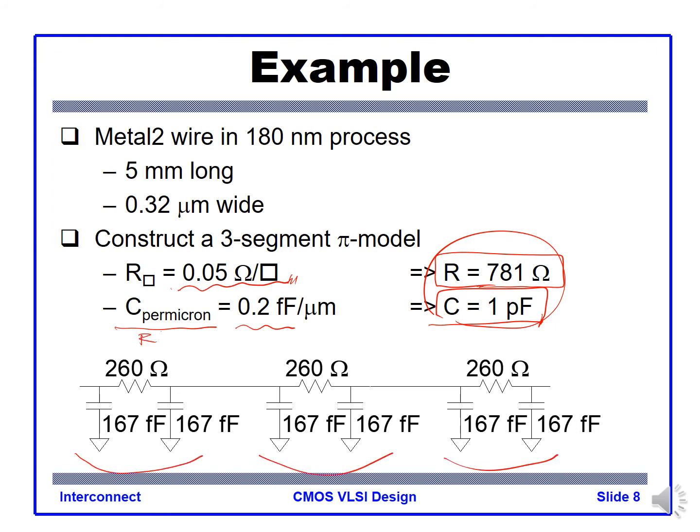So this is R over 3, and this is C over 6 for each section. Once we know this pi model, we can do some delay analysis using the Elmore delay calculation. Let's say we launch a signal there, how will it come out with some delay? How much delay do we get? This is from the Elmore delay we can consider.